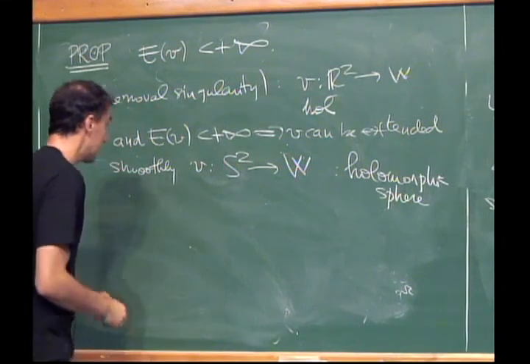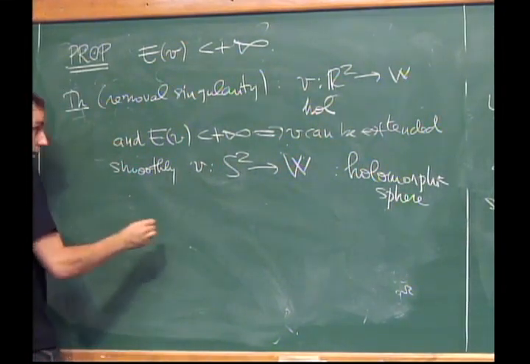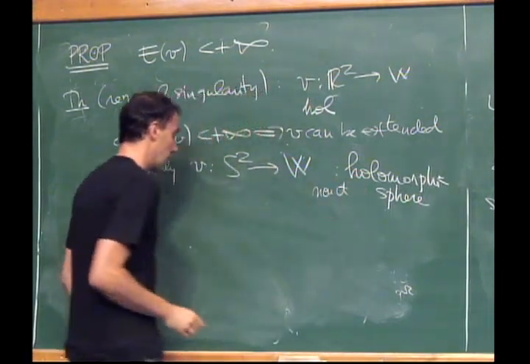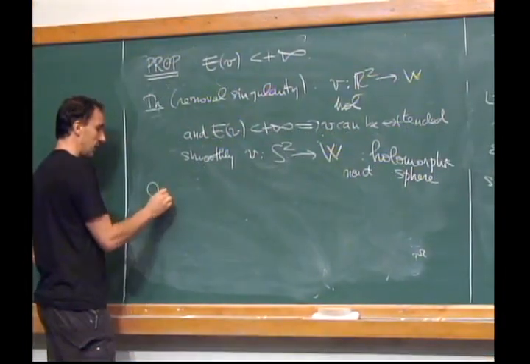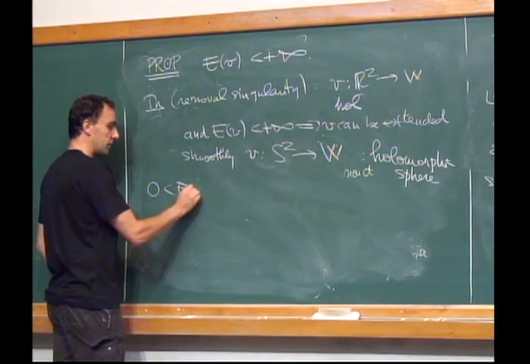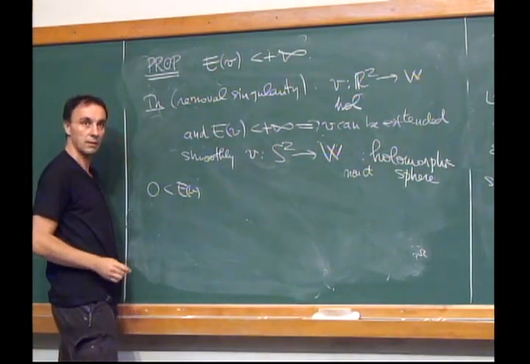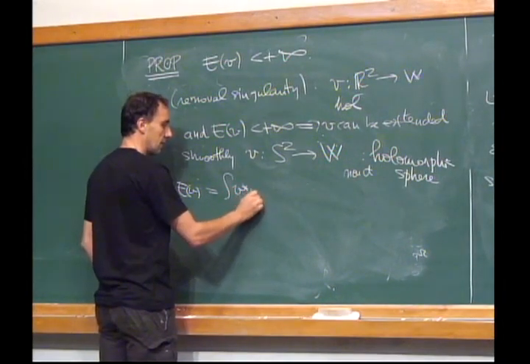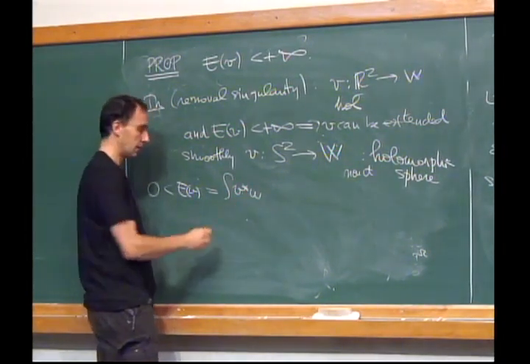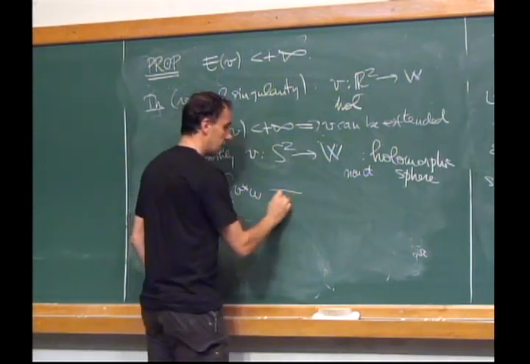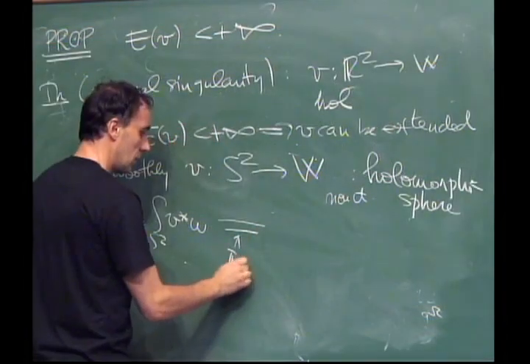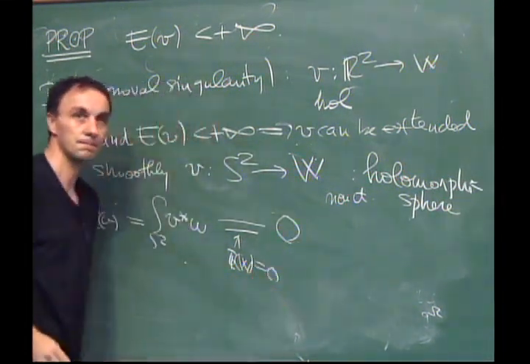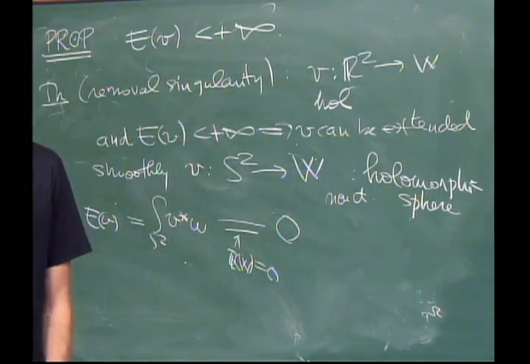So the contradiction is the following. This is non-constant. So a non-constant holomorphic sphere has positive energy, right? But this energy, as I said, is the symplectic area. And this, with pi 2 of W equal to 0, must be 0, because of Stokes.